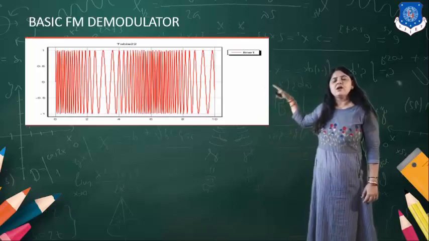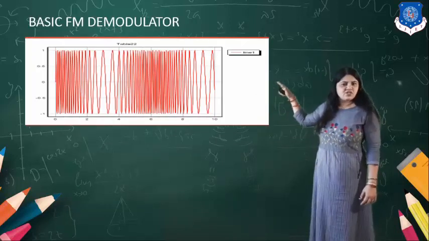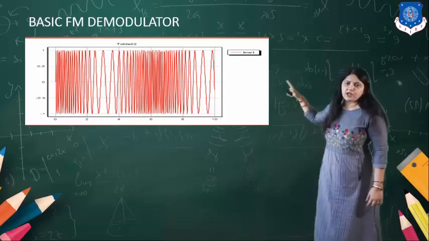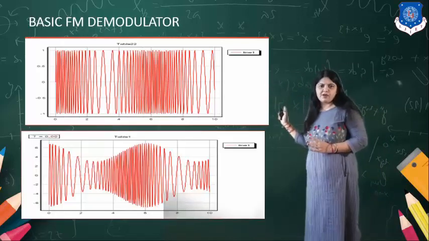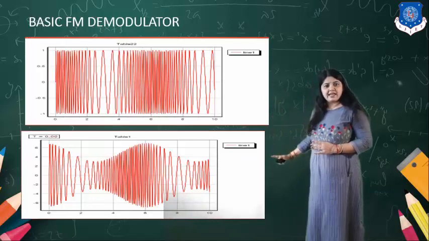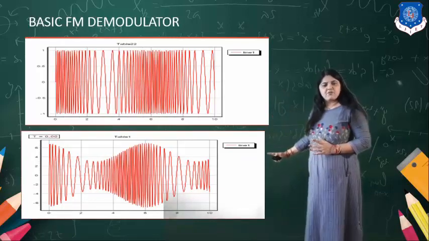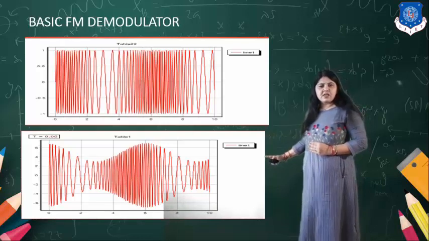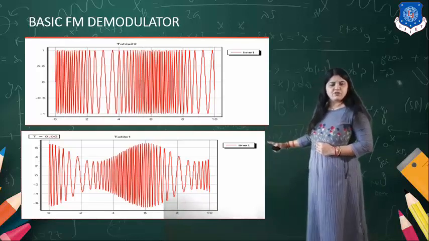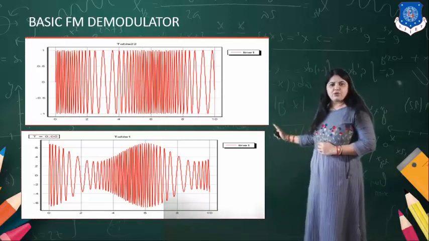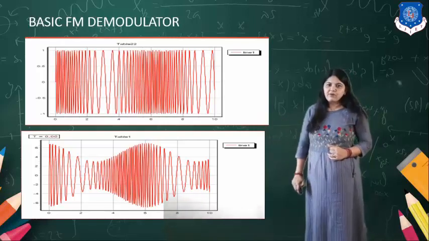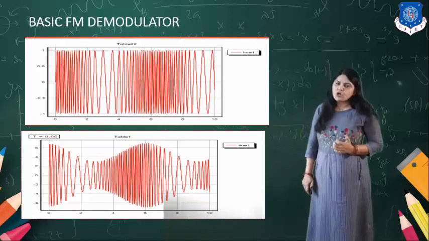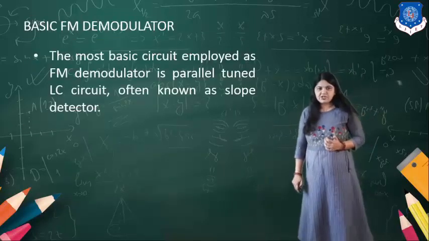You can see that over here we have the frequency variations which we found. In this diagram, along with the frequency variations we can also find the amplitude variations, and you are able to detect the shape of the wave and extract the original information.